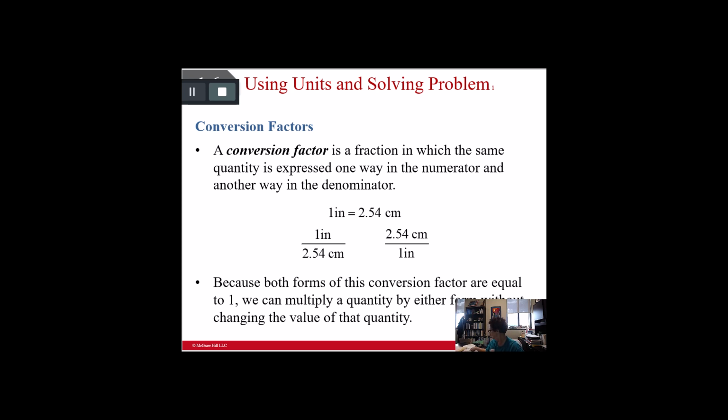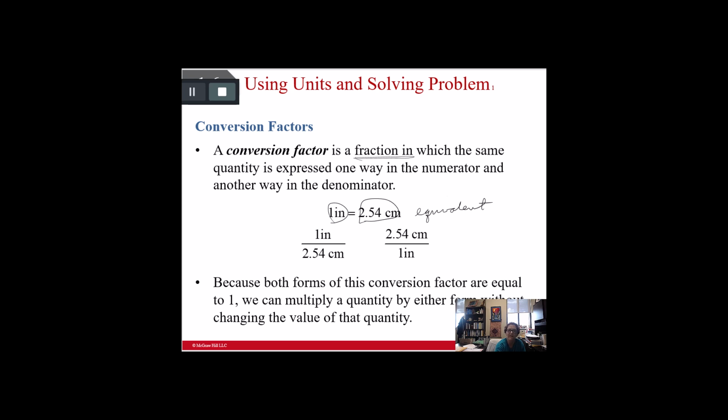So a conversion factor is basically a fraction. We use equivalents, okay? Something equaling something else is called an equivalent. So 1 inch is equal to, or equivalent to, 2.54 centimeters. They are the same thing.